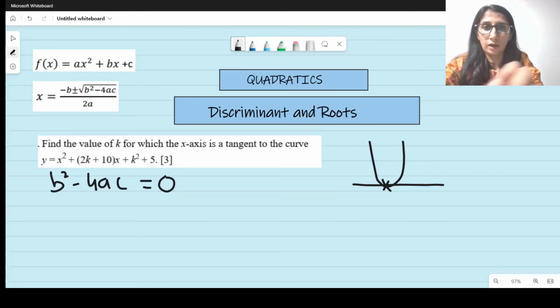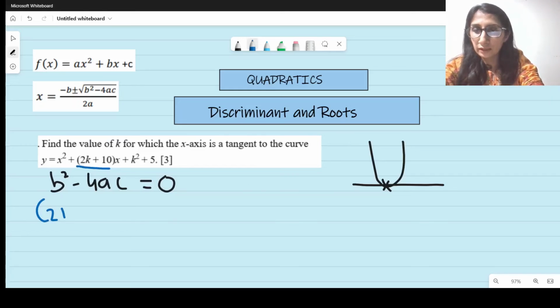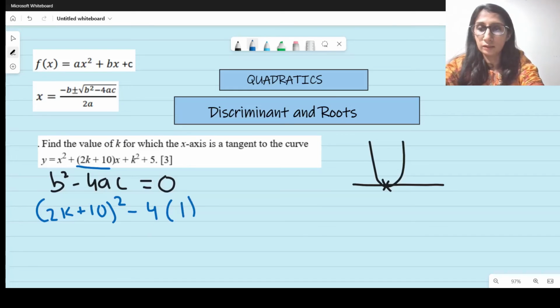Then you get this graph where the curve is tangent to the x-axis. Okay, so now let's substitute the values. b is this, so (2k + 10)² − 4, a is 1 and c is k² + 5, equals 0. So now let's solve it.